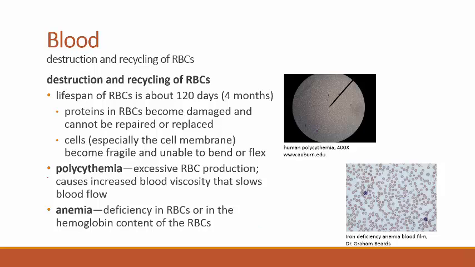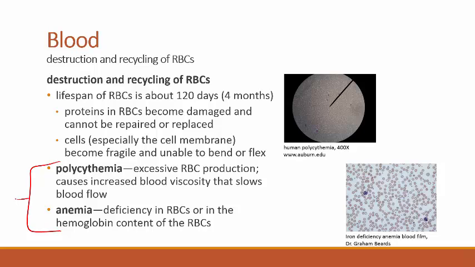That's interesting. This should be a little bit more information rather than about polycythemia and anemia. It should be about how we recycle them. And I've got lots of notes in here for you to review about how the hemoglobin is broken down into its 4 globin chains and the heme group that's associated with it.